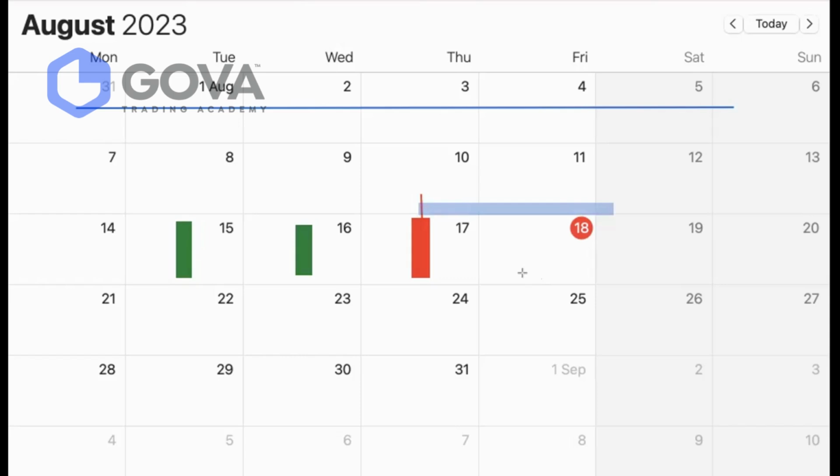So what if a bullish candlestick is what we see on Friday? Let's say we saw a bullish candlestick that opened, and it is gradually approaching the supply area of Thursday.